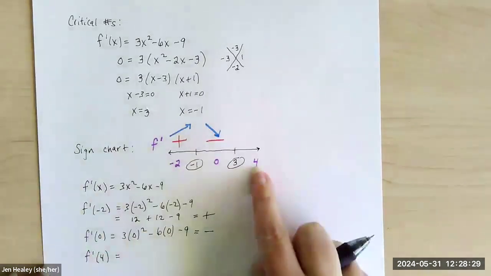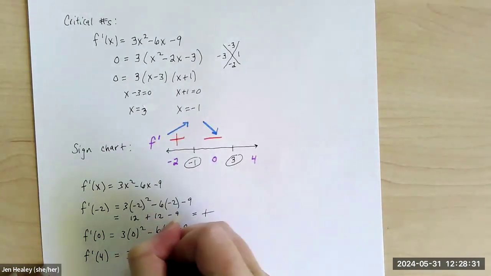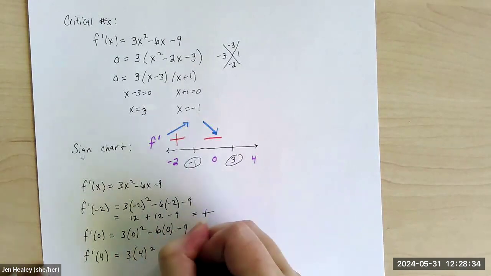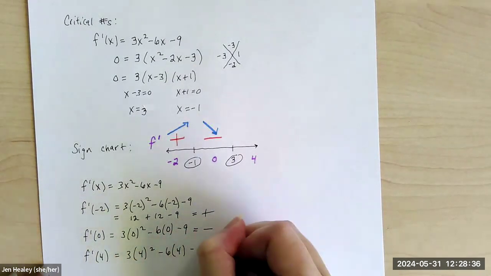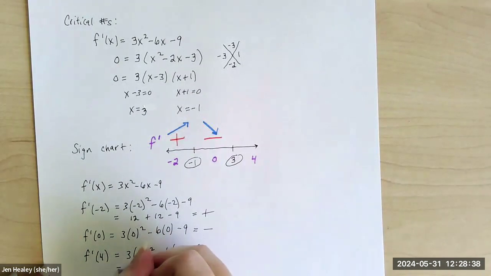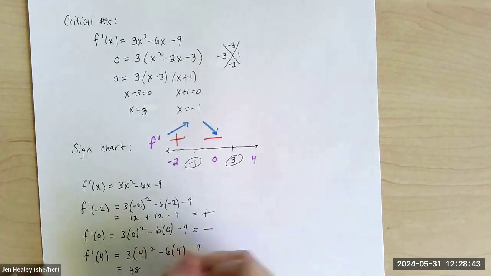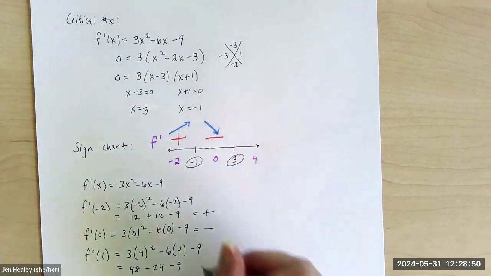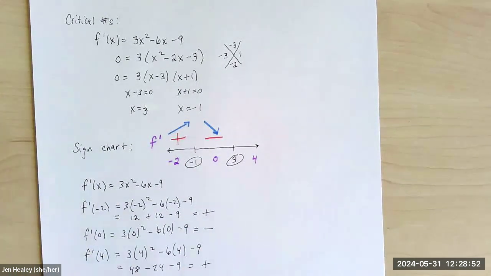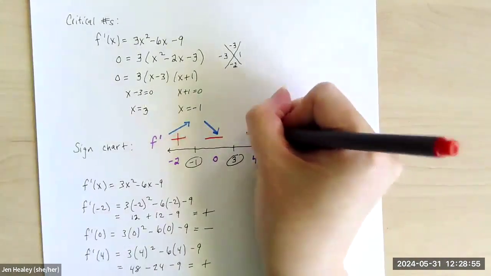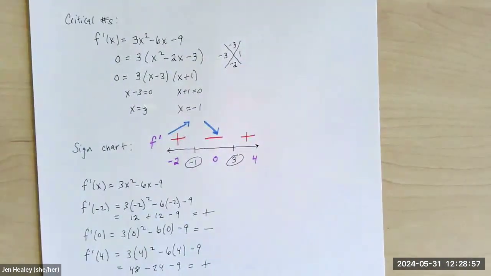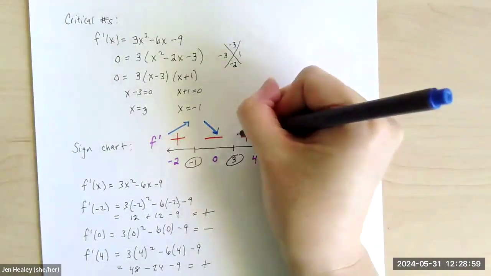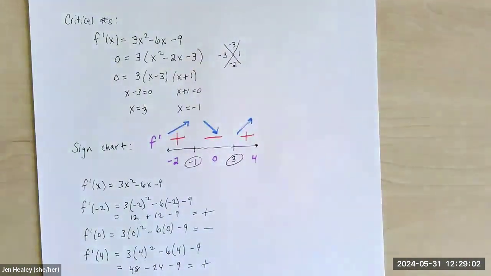And then we're going to plug in 4, our last test number. 16 times 3 would be 48 minus 24 minus 9. That's going to be positive again. I don't care what the number is. I just care that positive numbers pop out. So that means that our function is increasing again in that region.